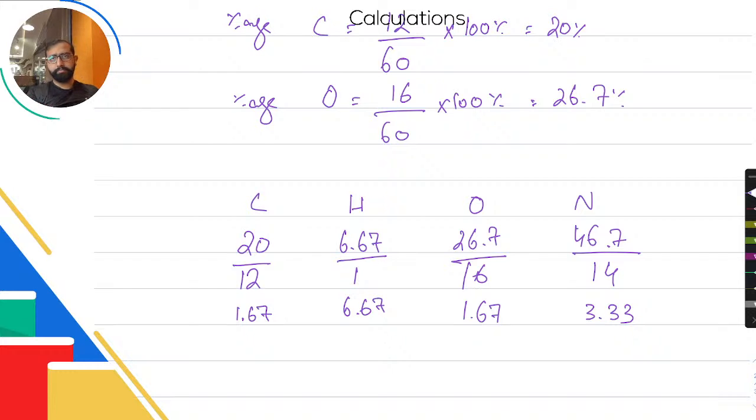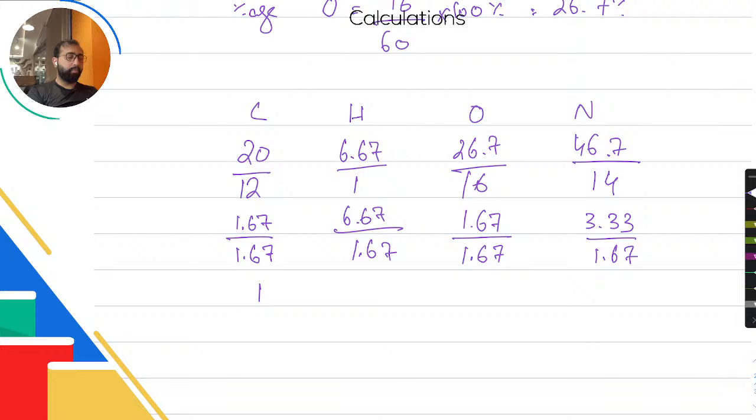All right, next step, simplify this. So this divided by the smallest number, because smallest number can easily divide them all. Doesn't always happen, but usually it does. So this will give me 1, this will give me 1. This one is going to be 4, and that one is going to be 2.